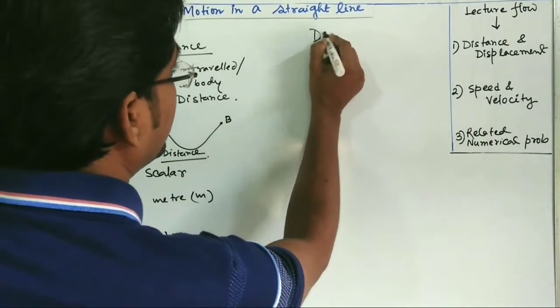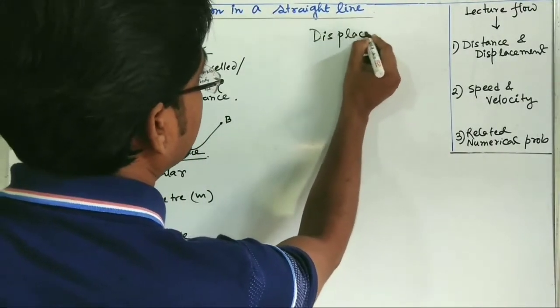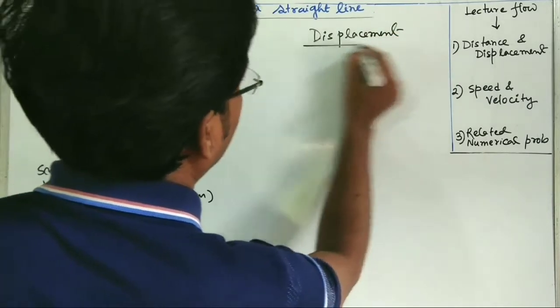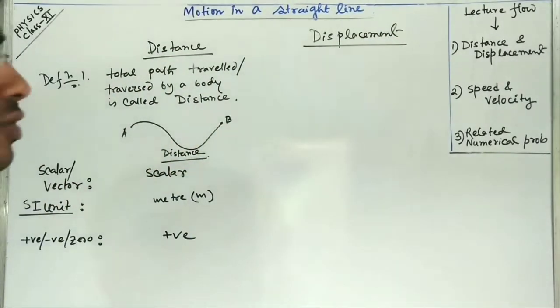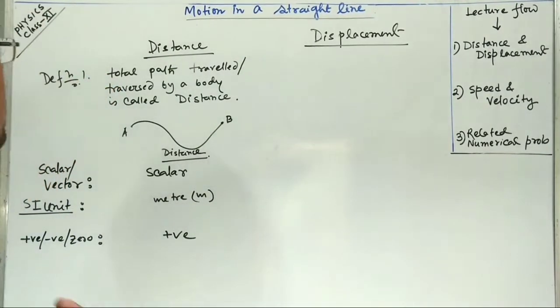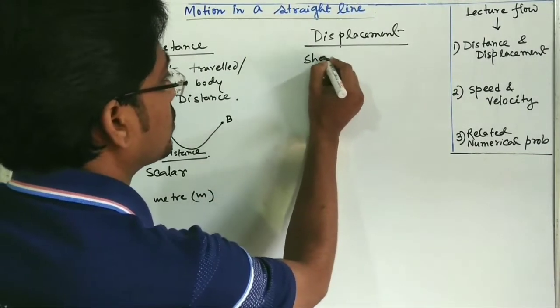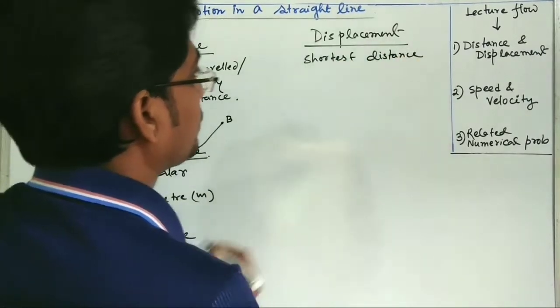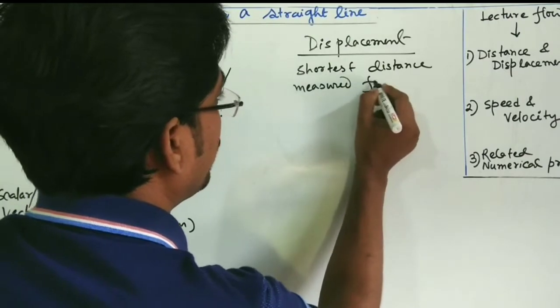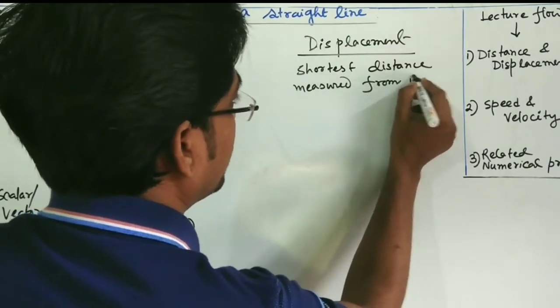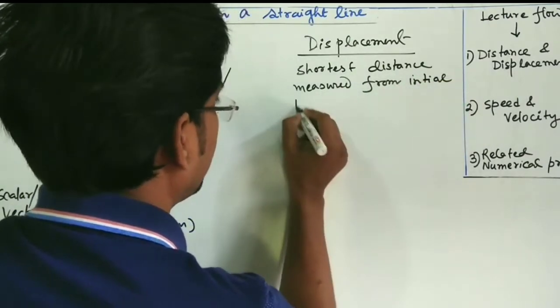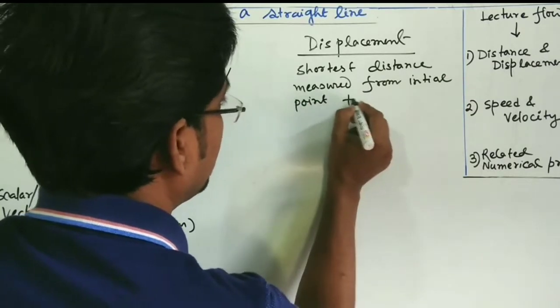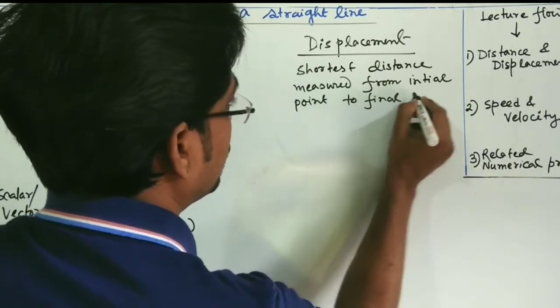Now displacement. You already have some knowledge about distance and displacement, but I'm recapitulating. Displacement is the shortest distance measured from the initial point to the final point.